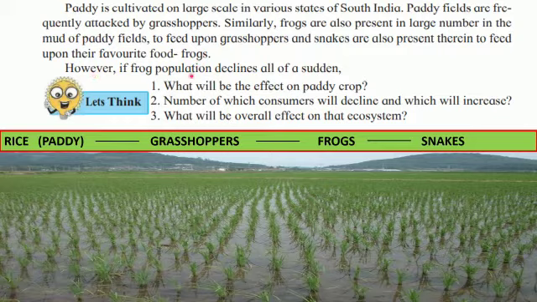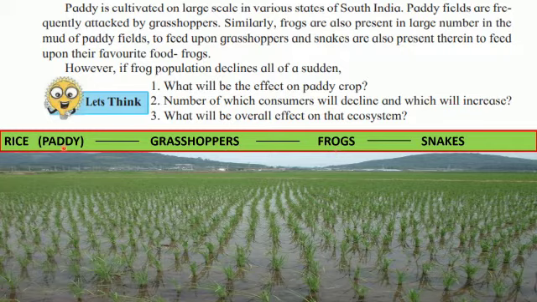However, if the frog population declines all of a sudden, what will be the effect on the paddy crop? So here we have prepared a food chain out of it. Here we have the producers, grasshoppers, that is primary consumers, frogs secondary consumers, and snakes tertiary consumers. Now here they have said that the number of frogs has declined all of a sudden.